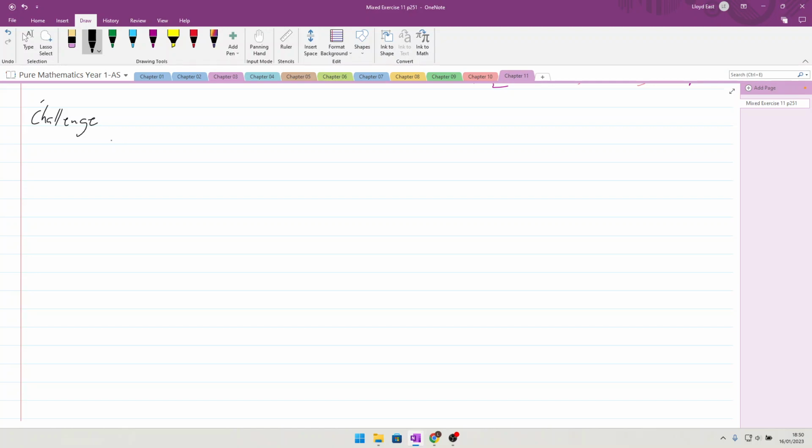So we're given that point B lies on the line which is 3y equals 15 minus 5x.